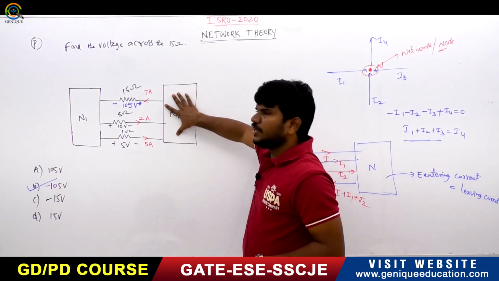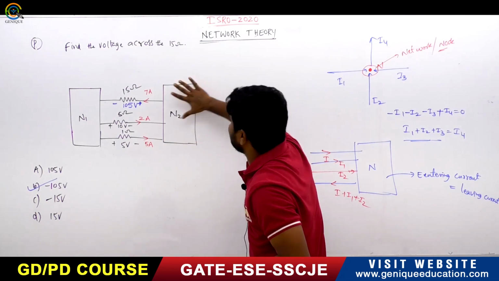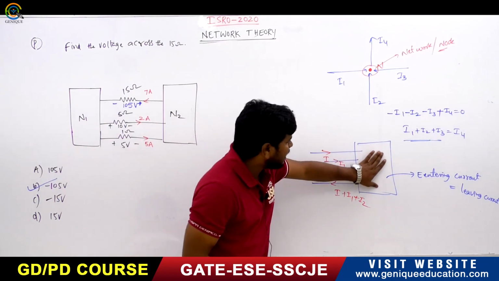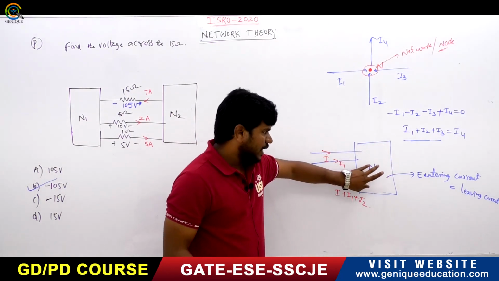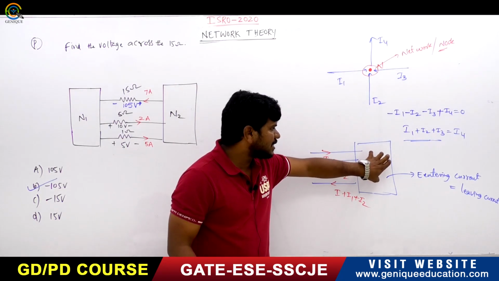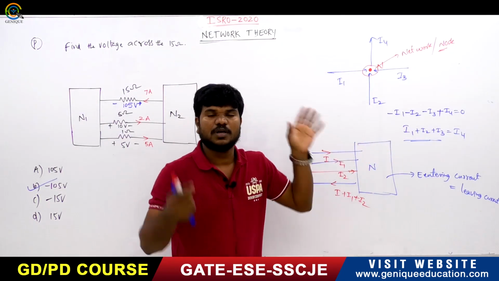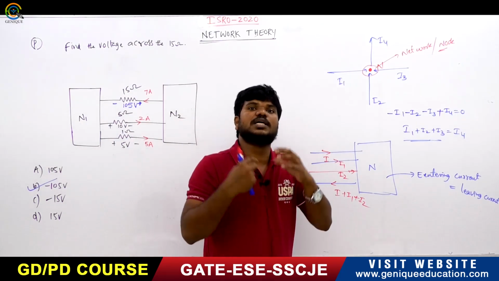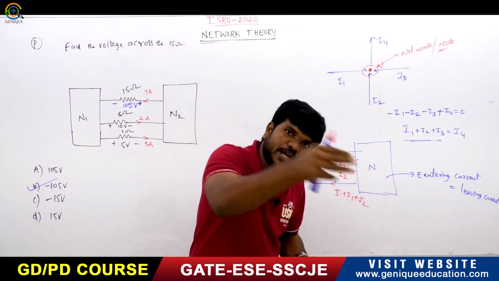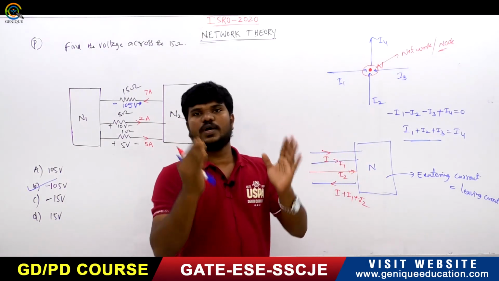So you don't think about this network. Whatever is inside, it may be a node or a network, don't think about it. Forget about the network. When he is asking about the current coming out of or going into the network, you should focus only on the current.